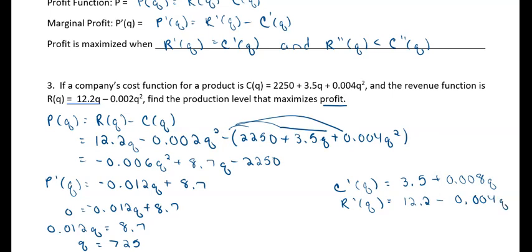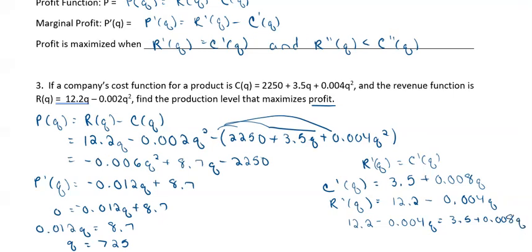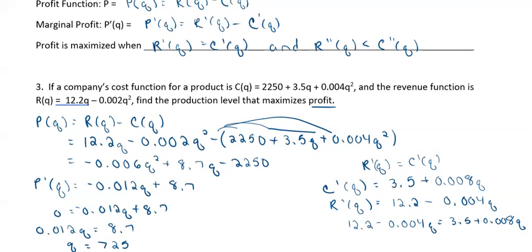Remember, we're trying to maximize profit. Profit is maximized when R prime of Q is equal to C prime of Q. So we need to set these equal to each other. 12.2 minus 0.004 Q equals 3.5 plus 0.008 Q. So now we need to solve this down.